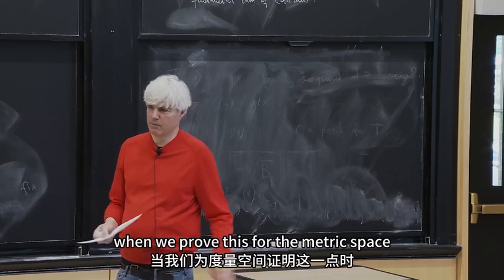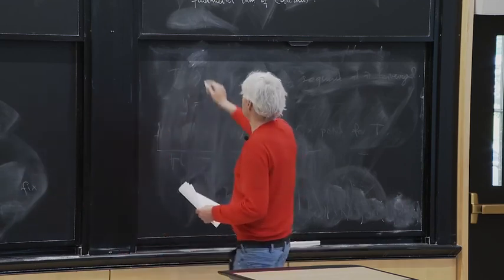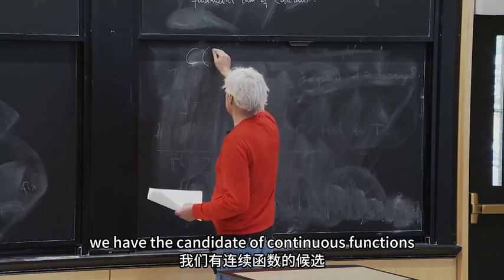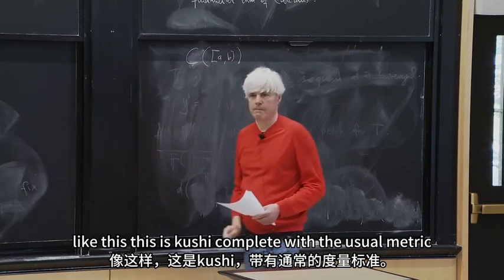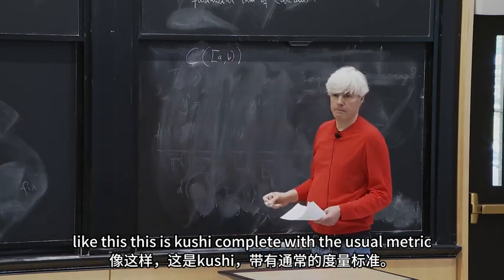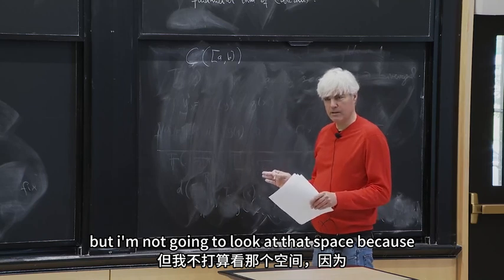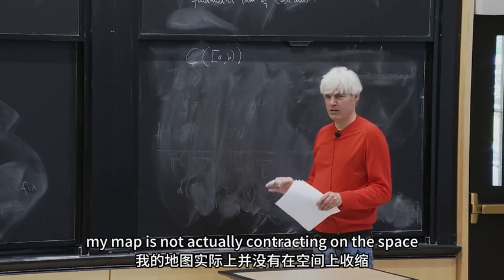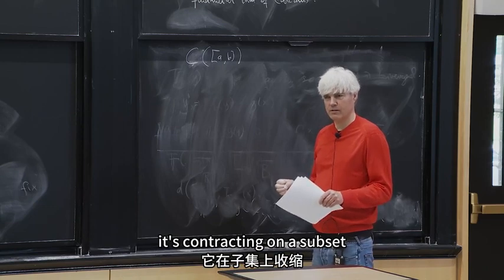When we prove this for the metric space, we have a good candidate, right? We have the candidate of continuous functions on some closed interval like this. This is Cauchy complete with the usual metric. But I'm not going to look at that space because my map is not actually contracting on the space. It's contracting on a subset, right?